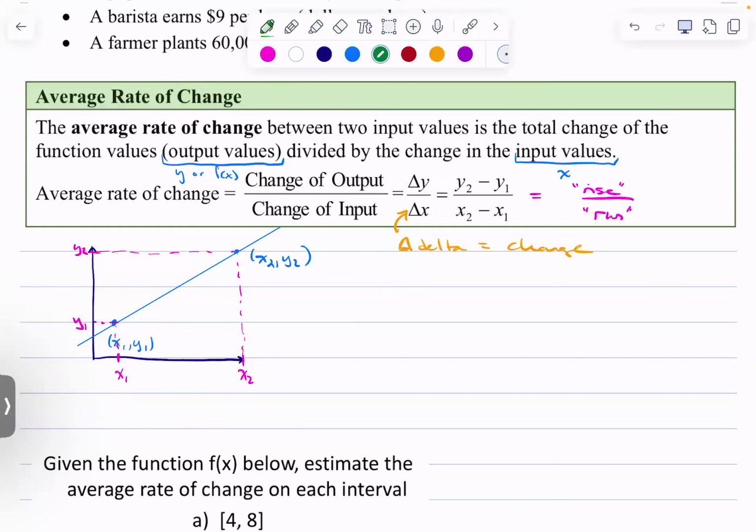This distance is the rise. The rise is going to be y2 minus y1, right? The change in the y's. And the run, same thing, is going to be x2 minus x1.